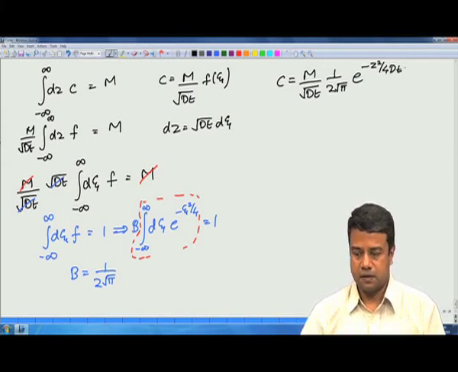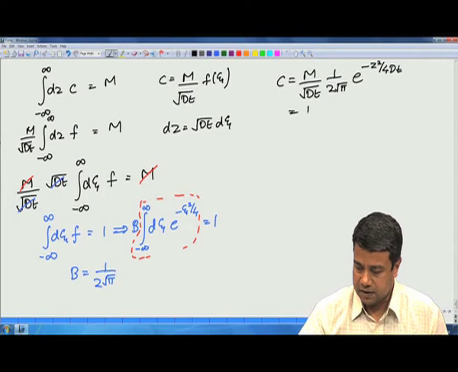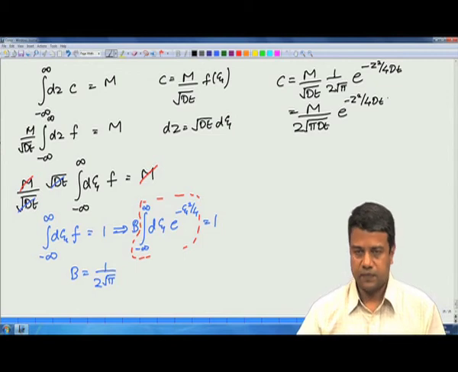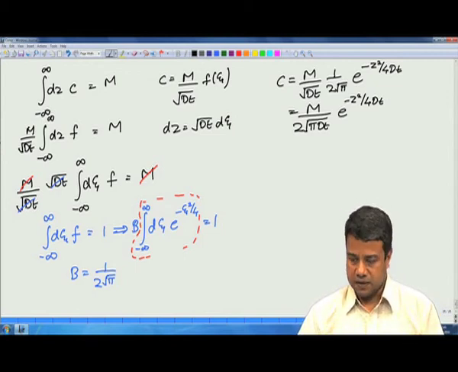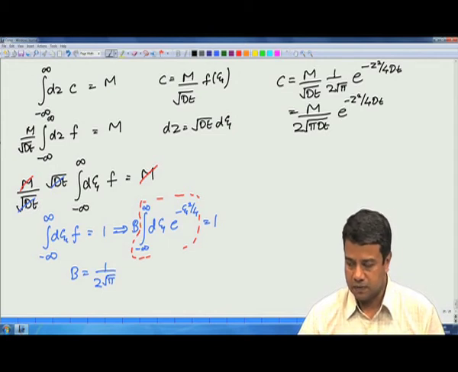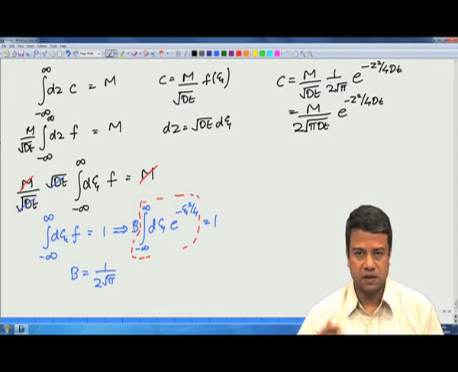I can also write this as m by 2 root of pi dt times e power minus z square by 4 dt. So, this is the concentration field for a pulse input, in which the initial amount of material put in per unit area was equal to m.